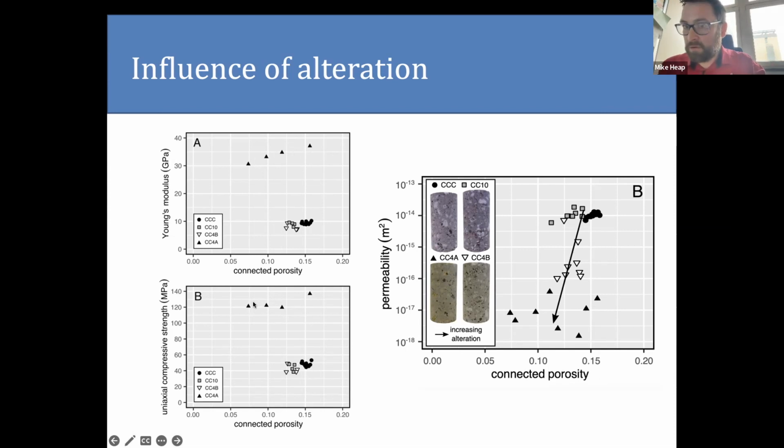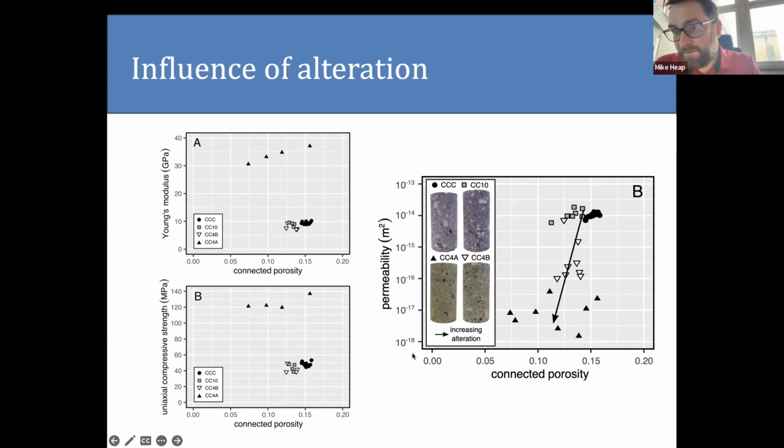So as I said before, this precipitation alteration has increased the strength and stiffness of the materials, which is quite cool. We might think that might help the volcano, because you're having an increase in strength and that might stabilize things. However, on the graph on the right, what we see as well is that these samples are also associated with very, very low permeabilities.